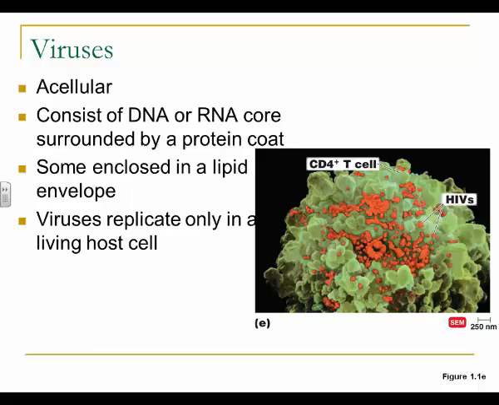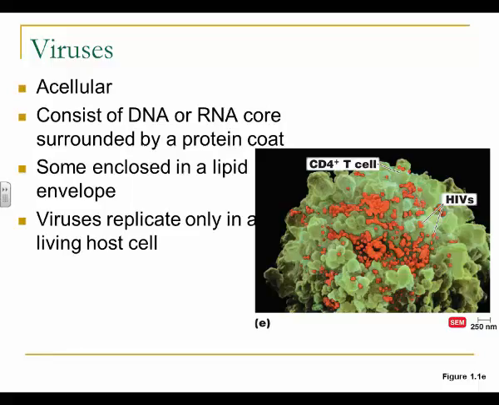So no cell structure, DNA or RNA in the case of HIV. It's a retrovirus, has RNA that's converted back into DNA as part of its life cycle, and has a lipid bilayer envelope around it in addition to the protein coat.